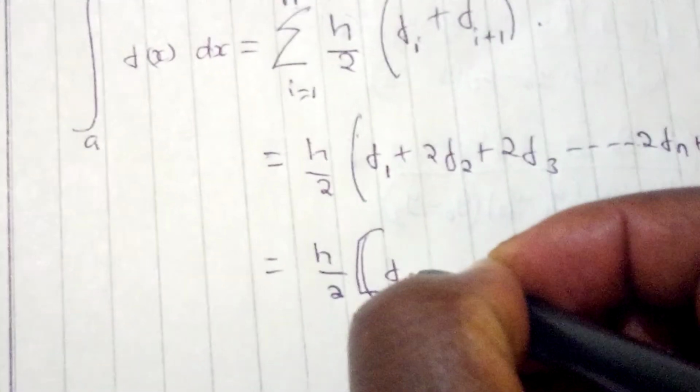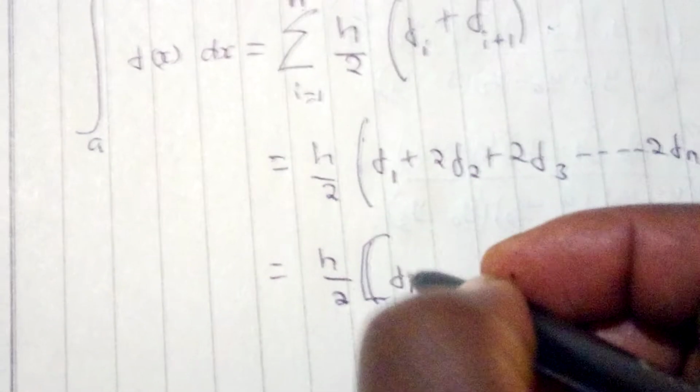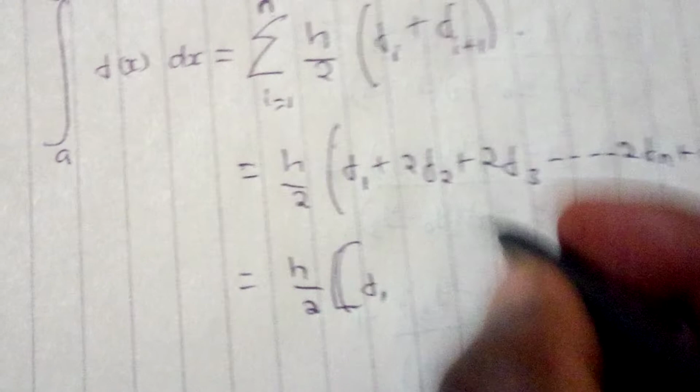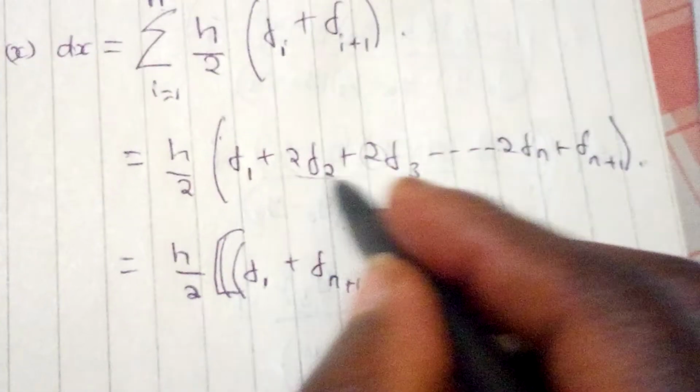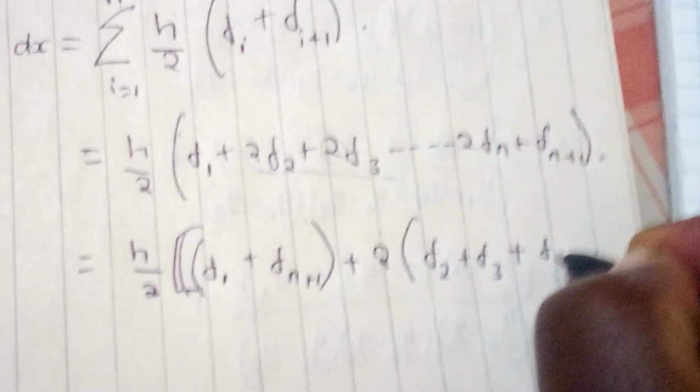Then we have the formula h divided by 2, with the first, or the lower bound, that is a, labeled f_1, plus f_{n+1}, the upper bound, put in a bracket, plus, because this 2 is repeating itself, 2 into a bracket of the other f values: f_2 plus f_3 plus f_4 up to f_n.